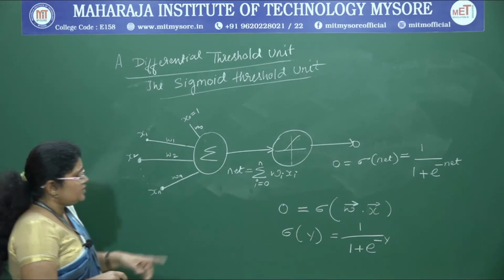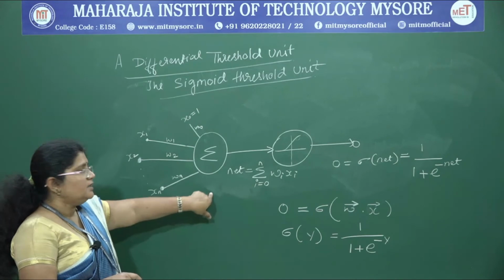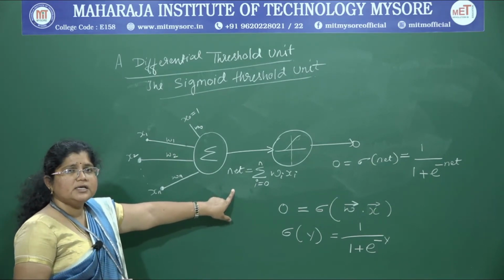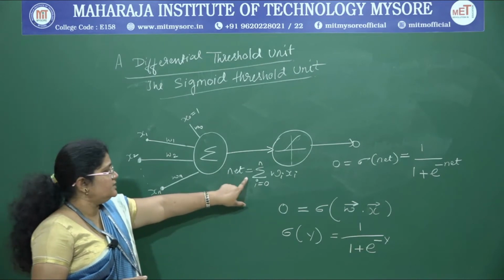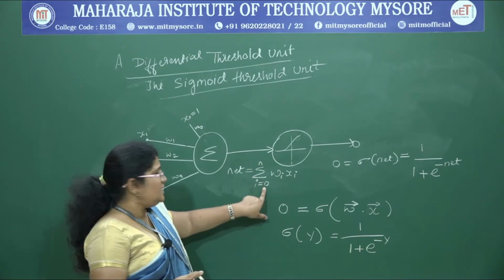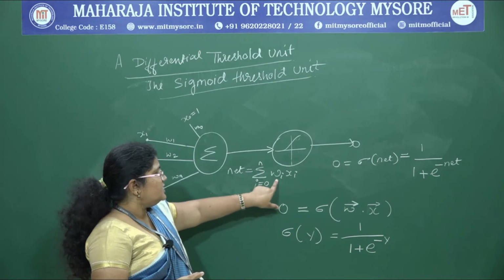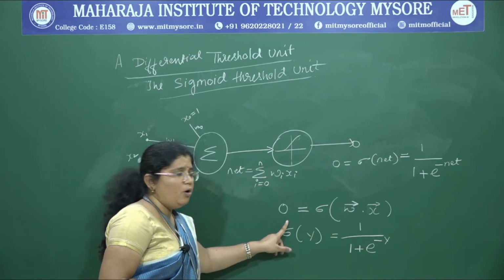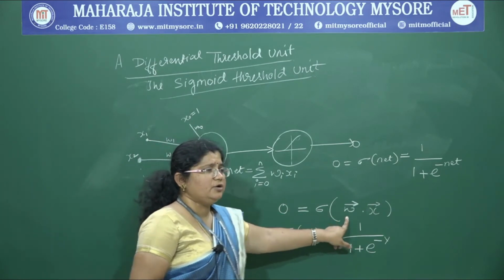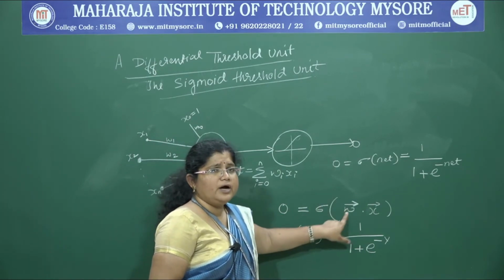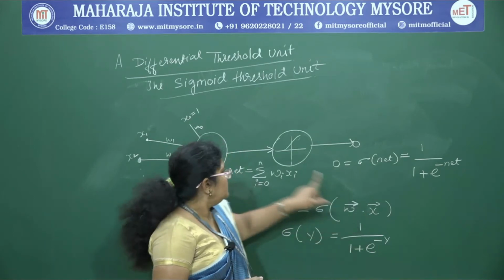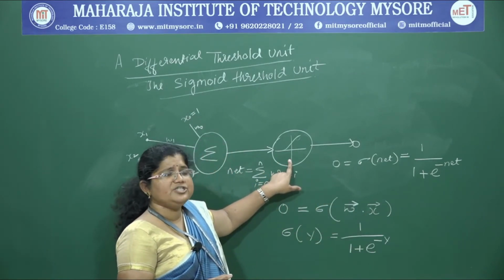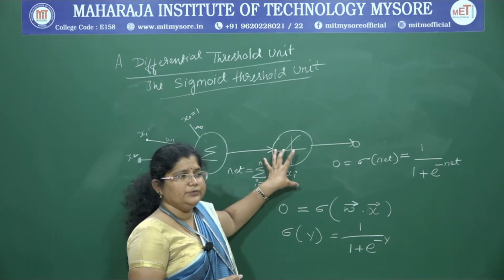This computation can be seen over here in a mathematical way, how the computation task is performed. So net is equal to summation of i equals 0 to n of wi into xi, that is represented by O, the output, where the summation of vector w and vector x is the input to the activation function of a sigmoid unit.